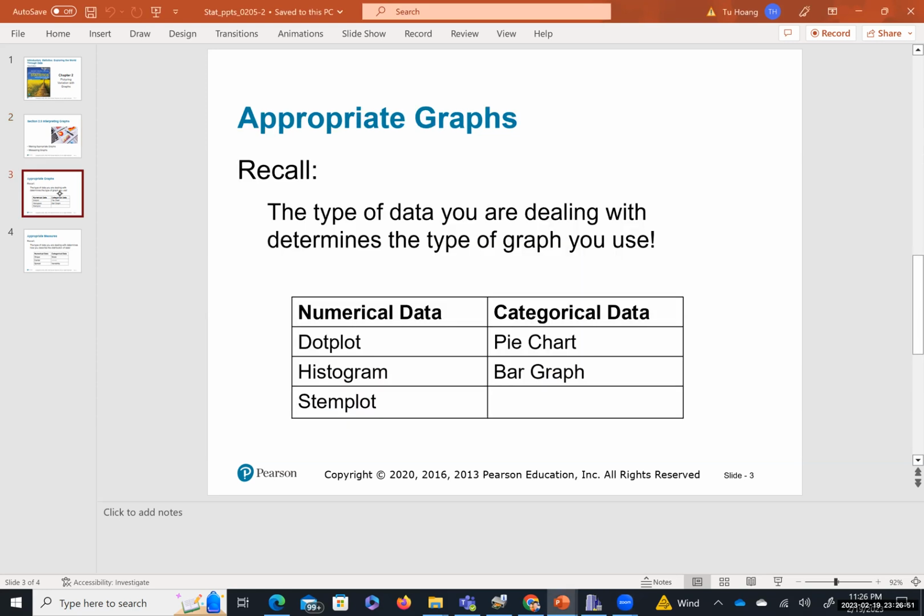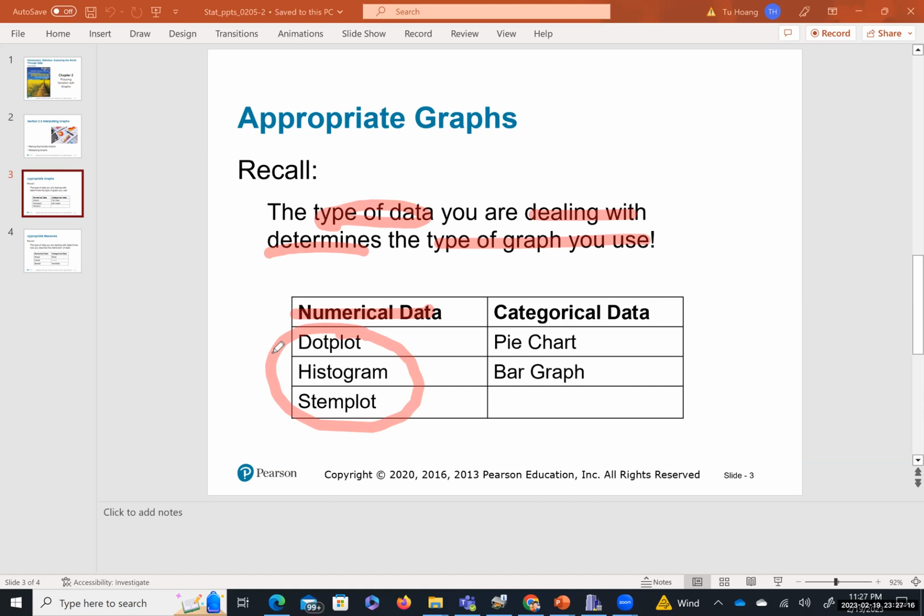For an appropriate graph, the type of data you are dealing with determines the type of graph used. Okay, so for numerical data, you should use a dot plot, histogram, or stem plot to handle that.